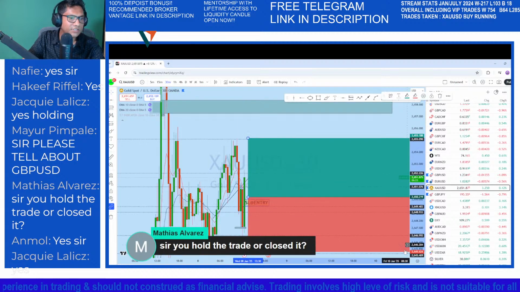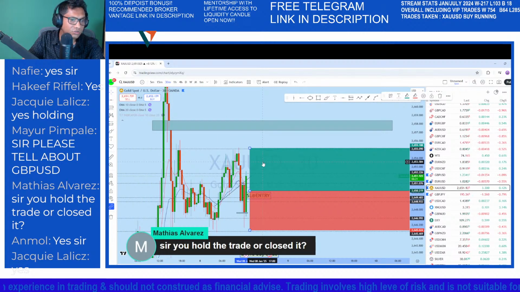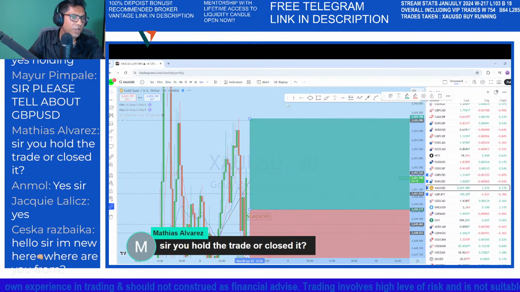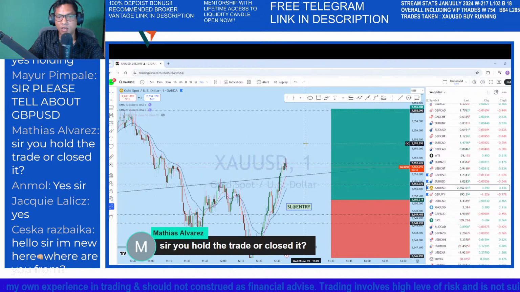So our trade is risk-free at the moment. Stop loss at entry, which is the risk-free trade. Now we'll be waiting for the full TP hit, one more bounce potential.